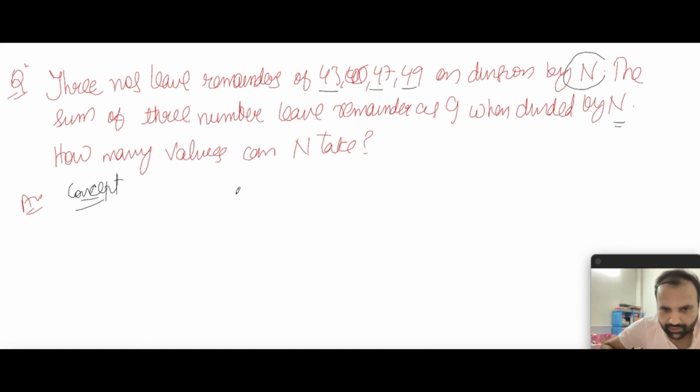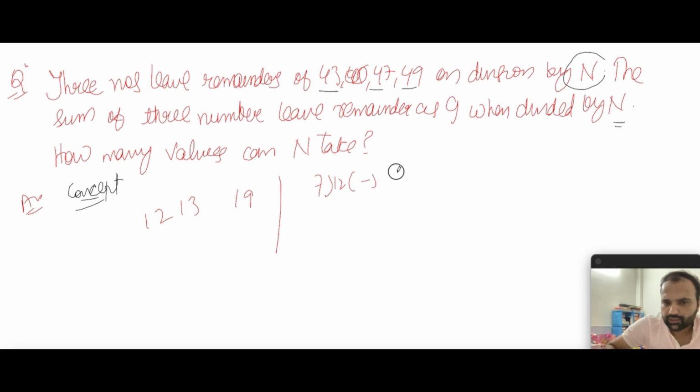Now let's say there are any three numbers. For example, let's say 19, 13 and 12. Any three numbers, okay? And for example, we divide them by 7.